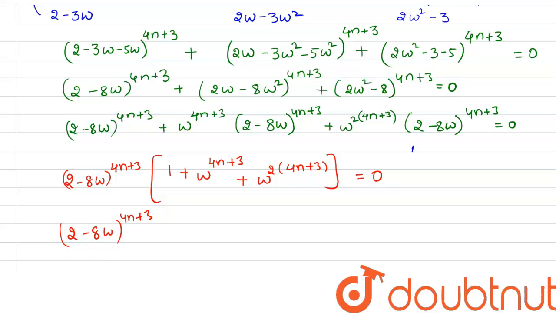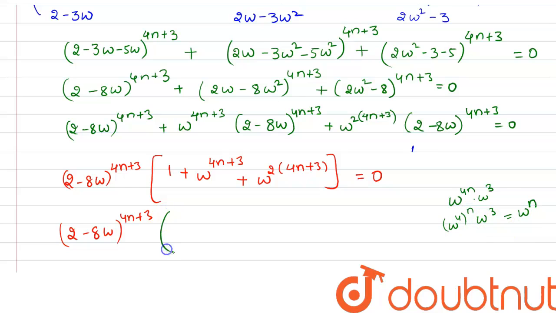Now, here, what is omega to the power of 4n plus 3? Can we simplify this further? Yes, this is nothing but omega to the power of 4n into omega power 3. Now, what is this, omega to the power of 4 whole to the power of n into omega to the power of 3? This is nothing but, what do we get here? Omega to the power of 4n is omega to the power of n. This is nothing but omega power n.